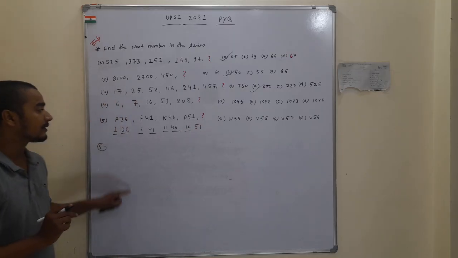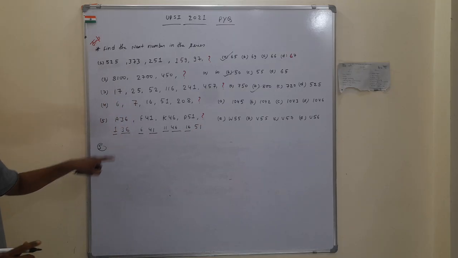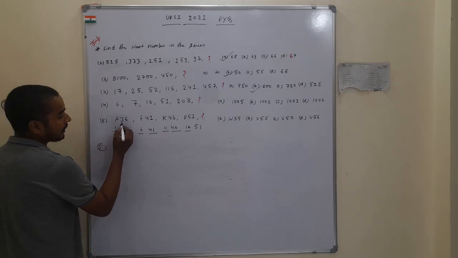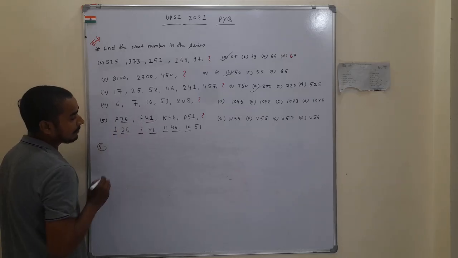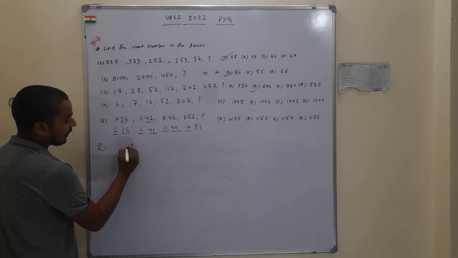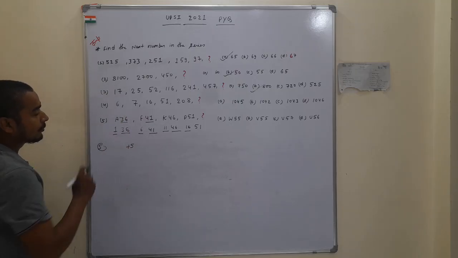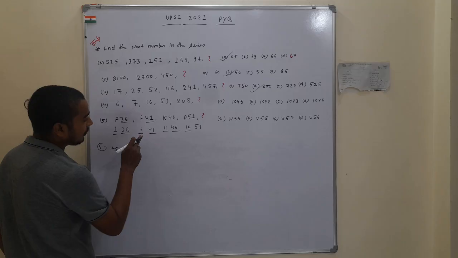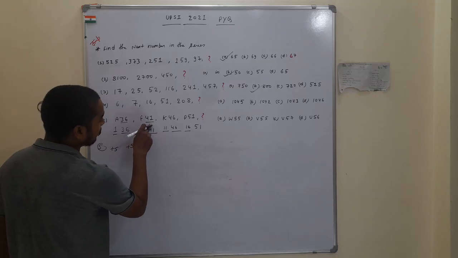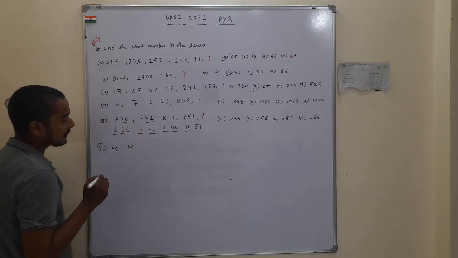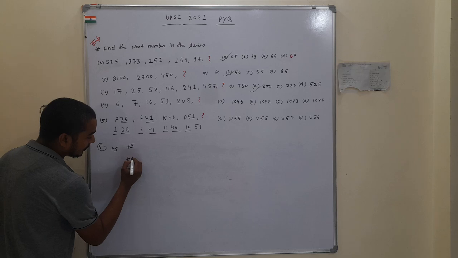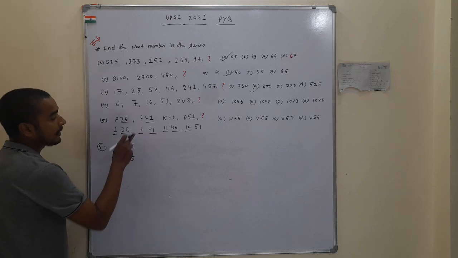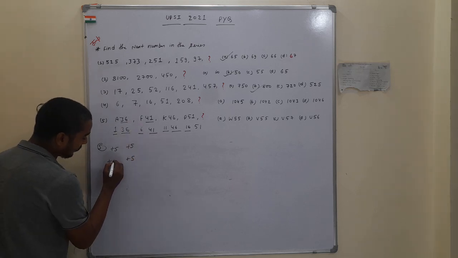So we take the differences here. From 36 to 41, the difference is 5. And from A to F, the difference is also 5. Similarly, from 41 to 46, the difference increases by 5, and F to K is also 5.